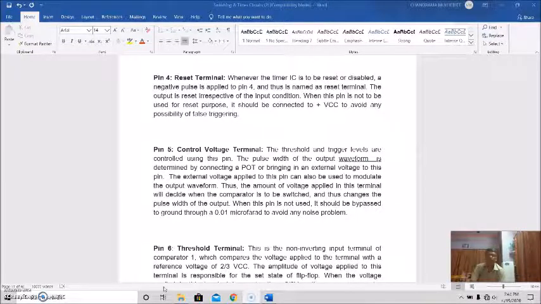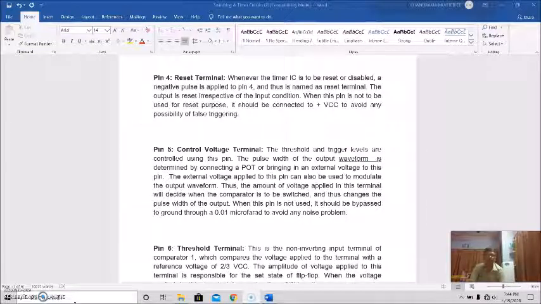So once again, I'm telling you, pin 4 is termed as reset terminal. Whenever the timer is to be reset or disabled, a negative pulse is applied to pin 4, and thus its name comes as reset terminal. The output is reset irrespective of the input condition.